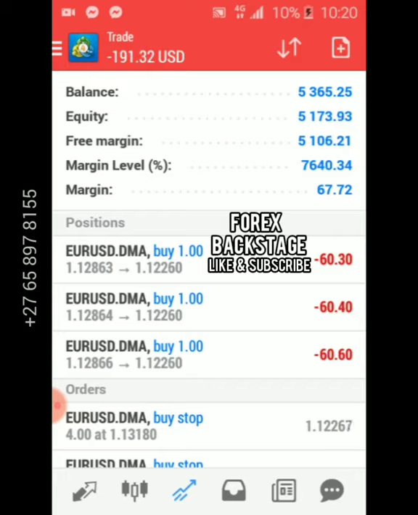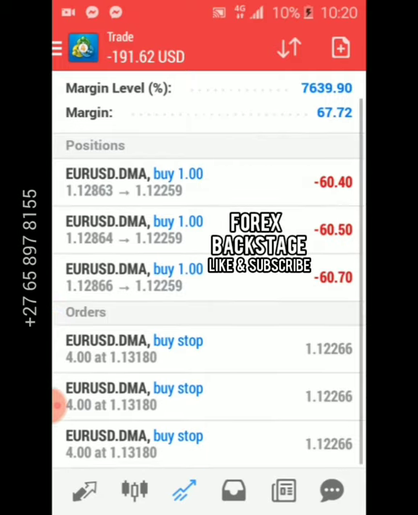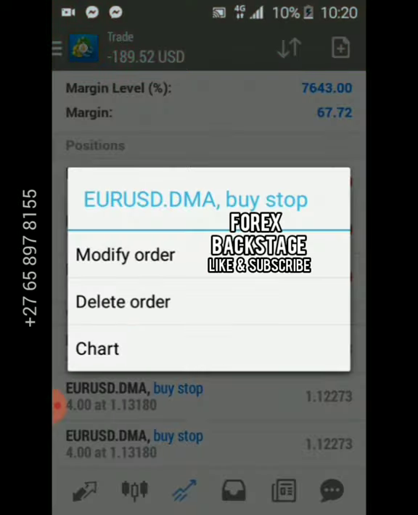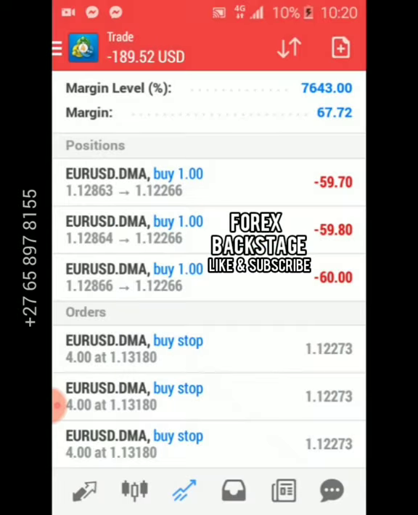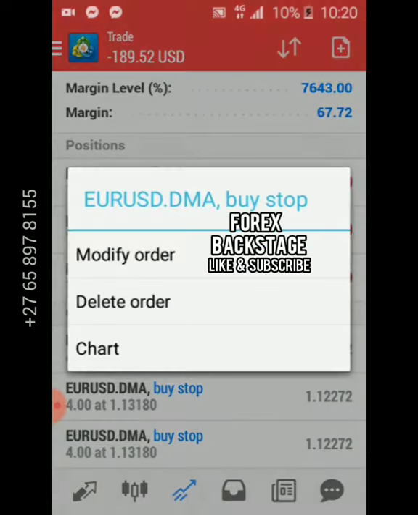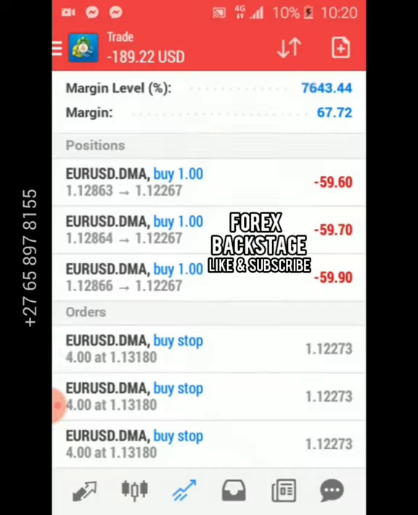Okay, this one has already reached my target of protection. As you can see here, there's a buy stop which was not activated. I have to cancel it because it did not work. It was only going to work if the market had returned and activated it.